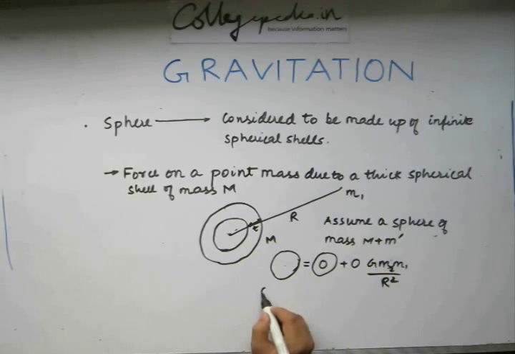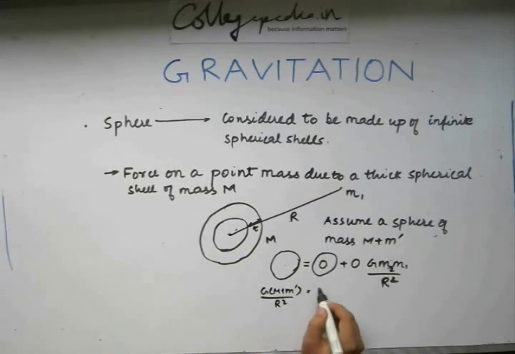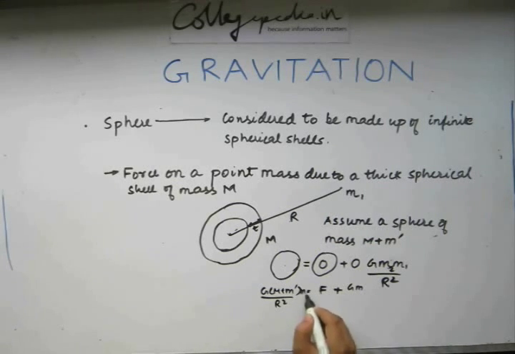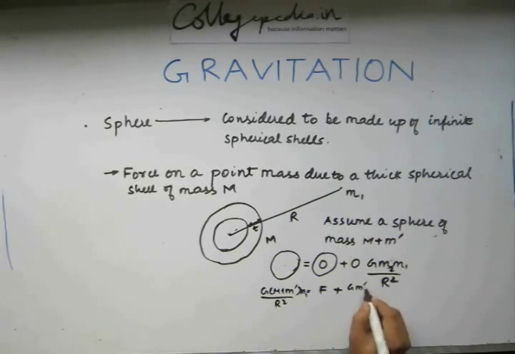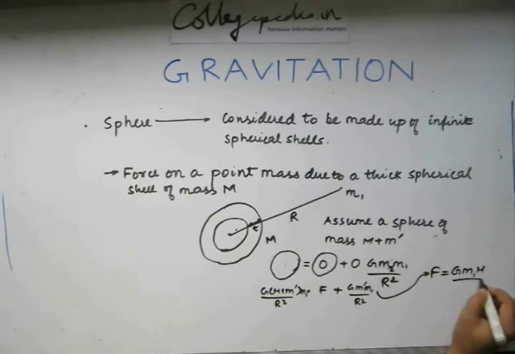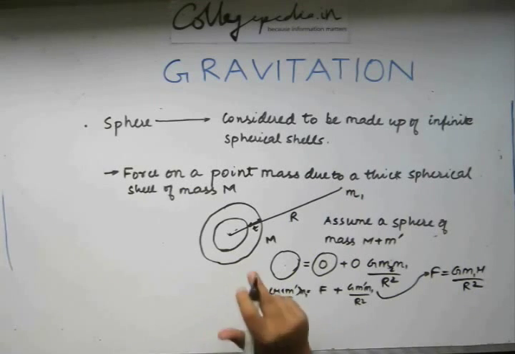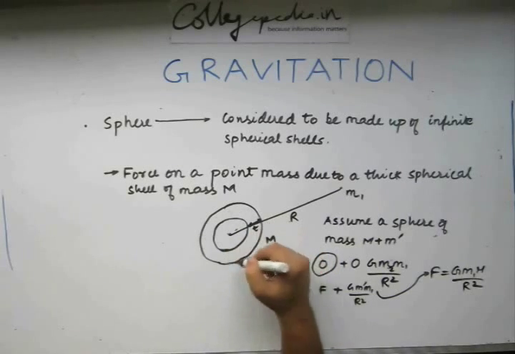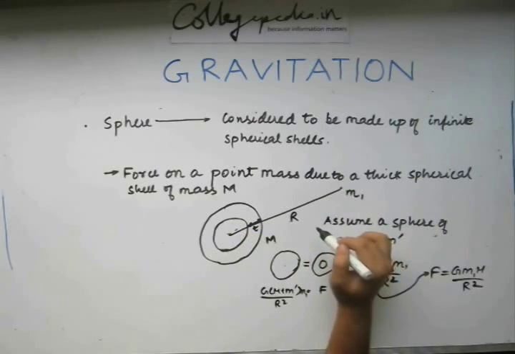So the force due to this will be G(M plus m dash) by r square, which will be equal to the force that we are supposed to find out, plus due to this, there will be m1 here, G m dash m1 by r square. Thus this gives us a force G m1 capital M by r square. So it really does not matter whether there is something here or not. The only thing that matters is the mass of this sphere or this shell and the point mass here.